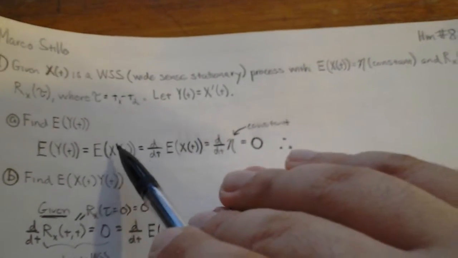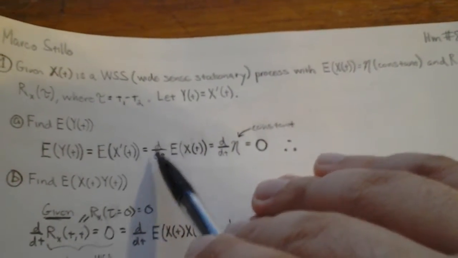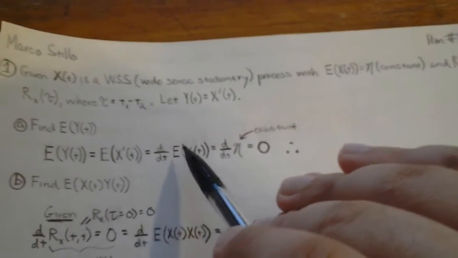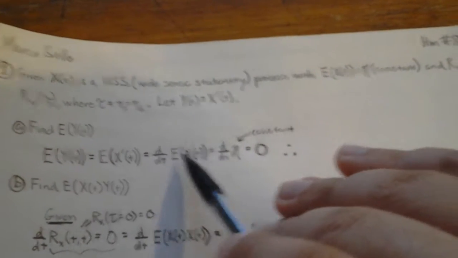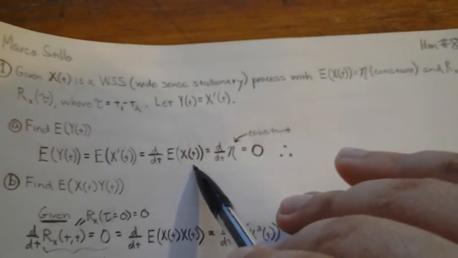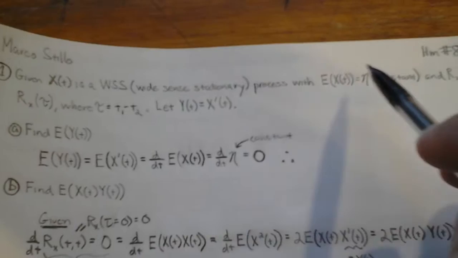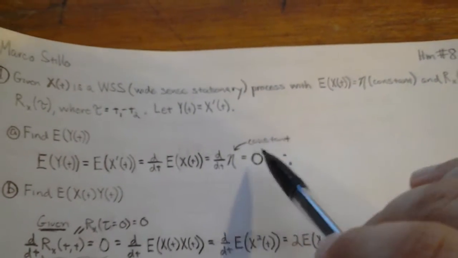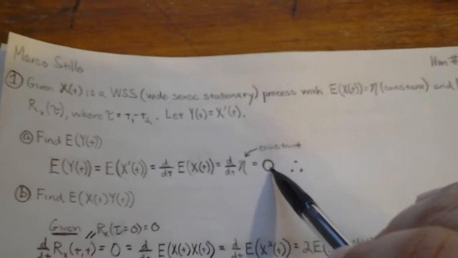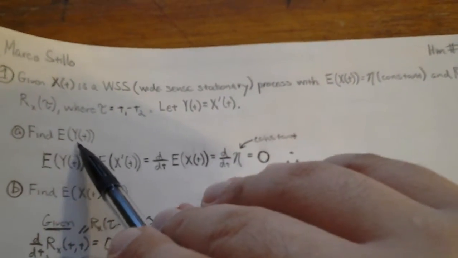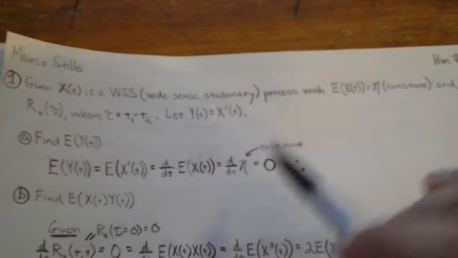So we bring out the d over dt, and we look at this as the derivative of the expected value of x(t). We know from up here that that's a constant, n. The derivative of a constant is 0. So our answer for the expected value of y(t) is 0.